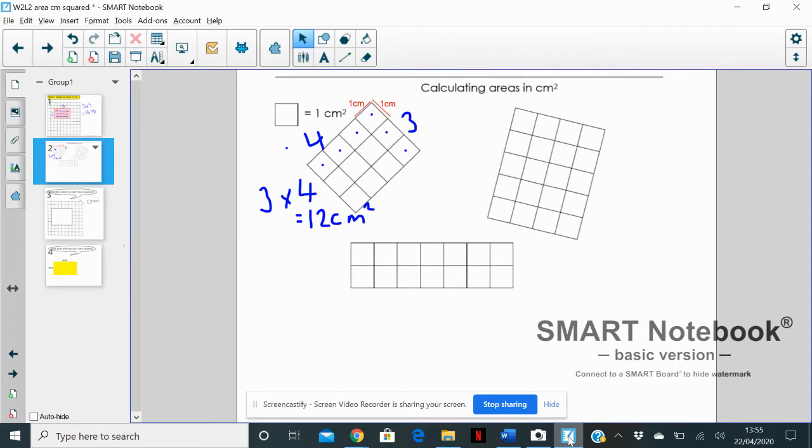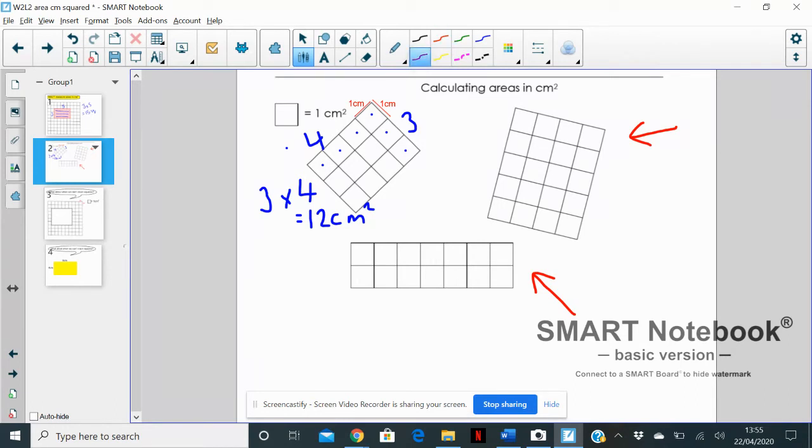So can you use your knowledge of multiplication and arrays to work out the area in centimetres squared of this rectangle and this rectangle? Pause the video and have a go. So we start up in this top right hand corner. I'm going to count how many centimetres squared along there are and how many of the squares down there are.